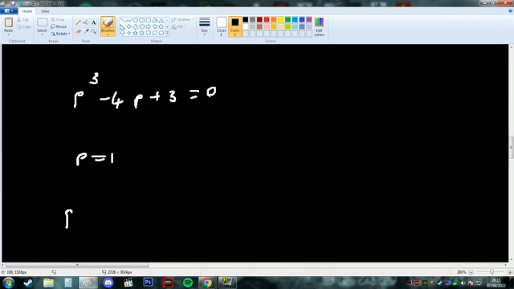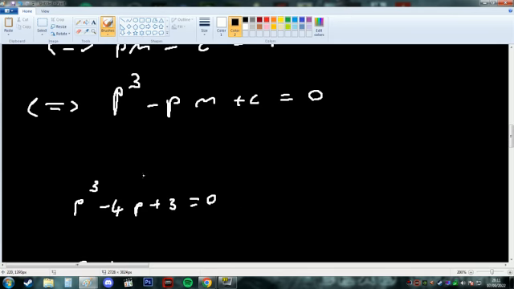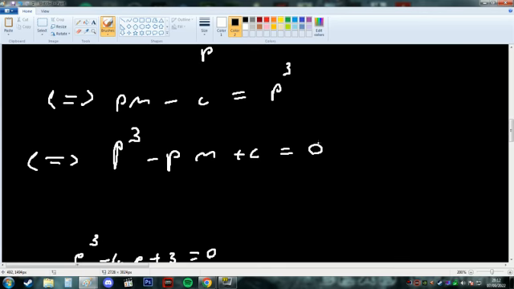So p cubed, what is it? 8x plus 5. So it's p cubed minus 8p plus 5 equals 0. And I just know, because I've checked it, that this is the answer, because there are no integer values of p such that this holds. You can just check with Wolfram Alpha, but not in an exam.